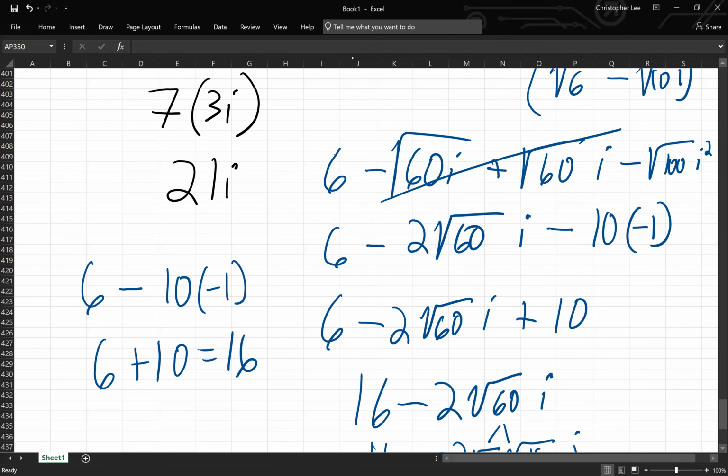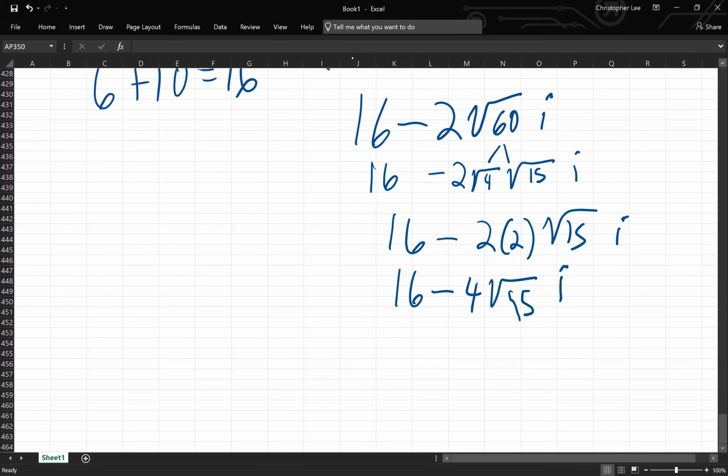My fault. I forgot to cross them out at the top here. That's negative square root 60i and positive square root 60i. So that's why I just simplified down to 10. Go ahead. What you got?